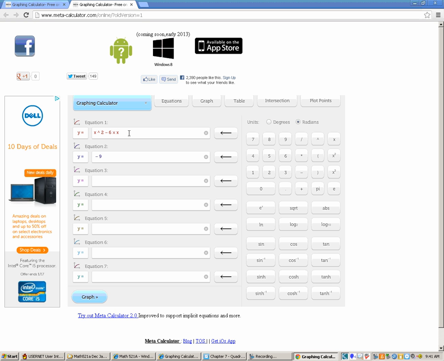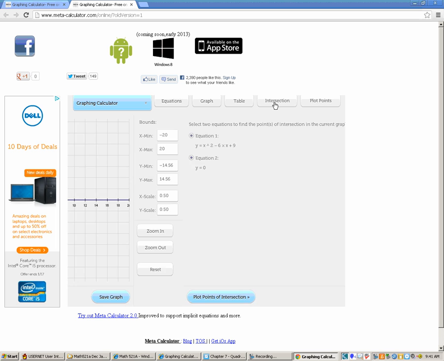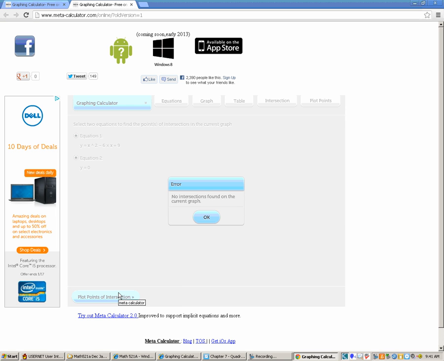Okay, so x squared minus 6x, if we just did the one and did it the old way, so you have plus 9, and see where it intersects with y equals 0. It should have one point of intersection. So if I click on intersect, why is it saying that?